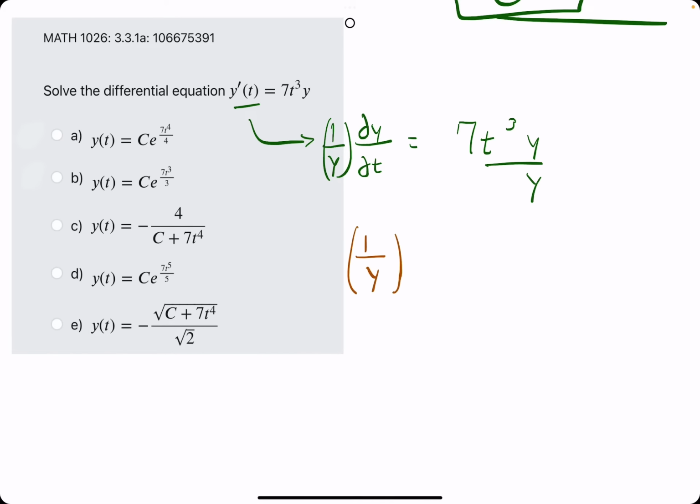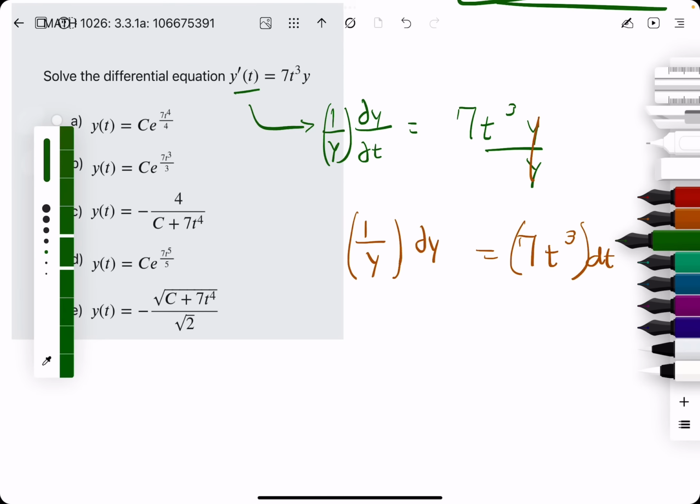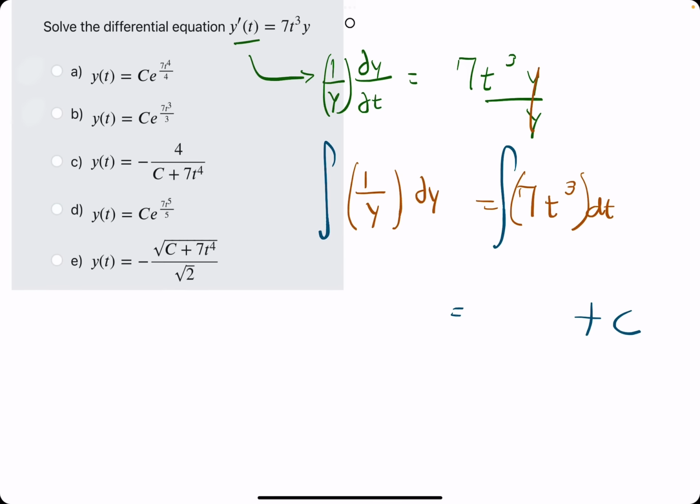We have 1 over y, dy over dt equals 7t cubed. And then we just want to multiply the dt from the left to the right side. And now we have 1 over y dy and 7t cubed dt. Next step, integrate both sides, finding the antiderivative of both sides while adding plus c to the right side.